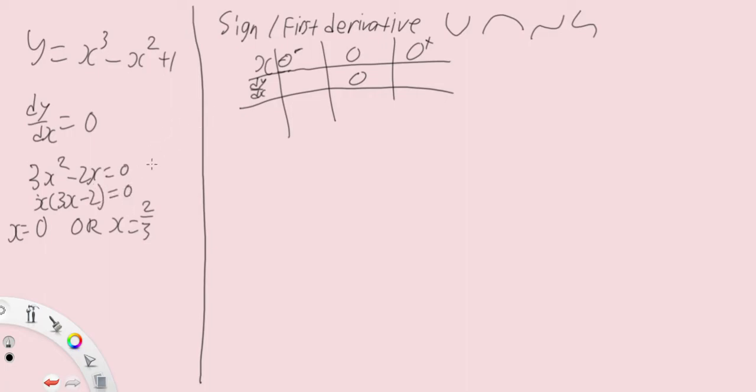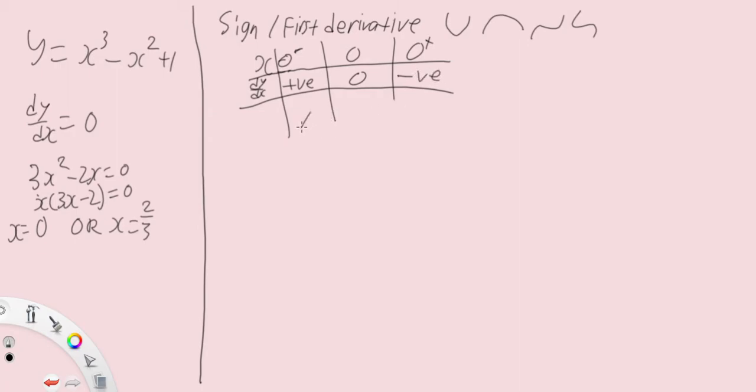So if x is slightly less than 0, 3x minus 2 is negative, x is negative, and therefore the product is positive. When x is slightly more than 0, x is positive, and the bracket term is negative, and therefore the derivative is negative.